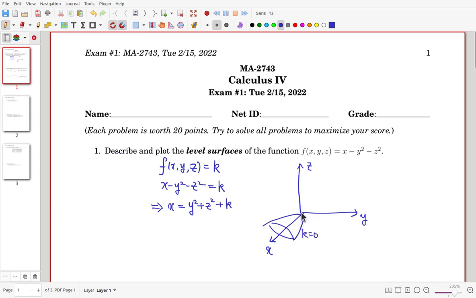Of course, it's passing the origin. And for example, k is minus 1. Then we go over there to minus 1, and we have another paraboloid passing the point there. So that is k equals minus 1. In this way, you can plot the level surfaces.